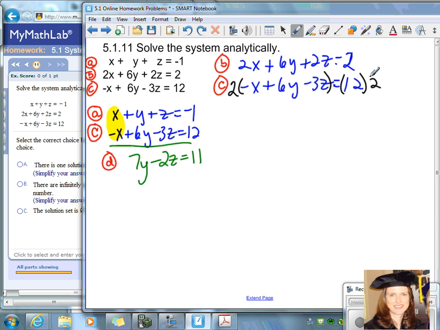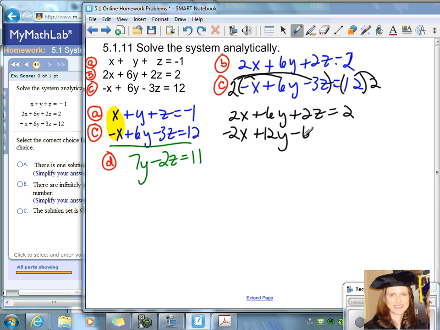I'm going to multiply the left and the right side by 2. So my equation B, I'm going to rewrite here, 2x plus 6y plus 2z equals 2. And then I distribute the 2 to equation C, and I get -2x plus 12y minus 6z equals 24.